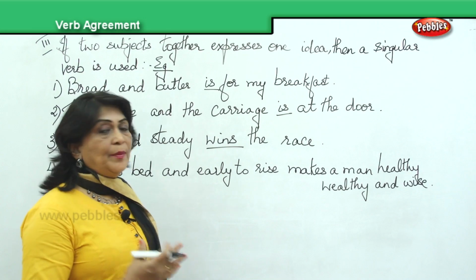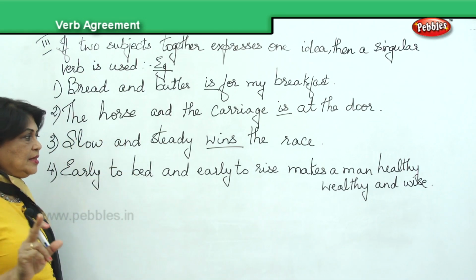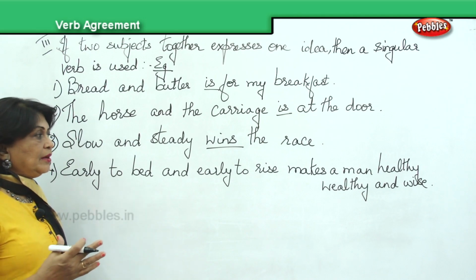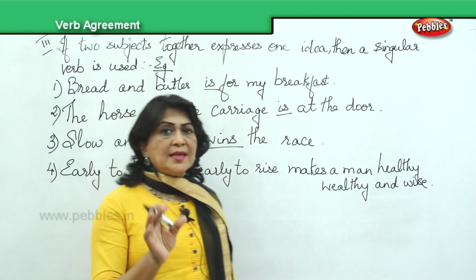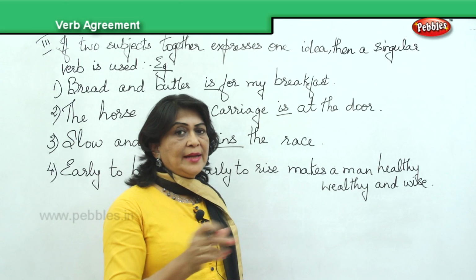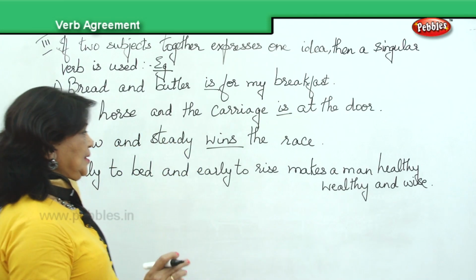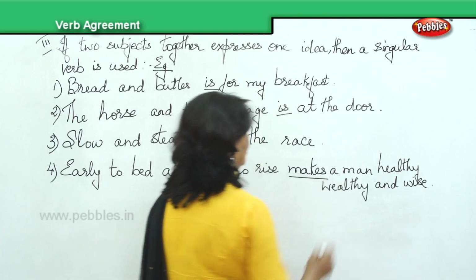That is the habit of a person. We are talking about one single entity, rising up early and going to bed early as a habit. This habit will make, or it makes a man healthy, wealthy and wise. So again we use the singular verb.